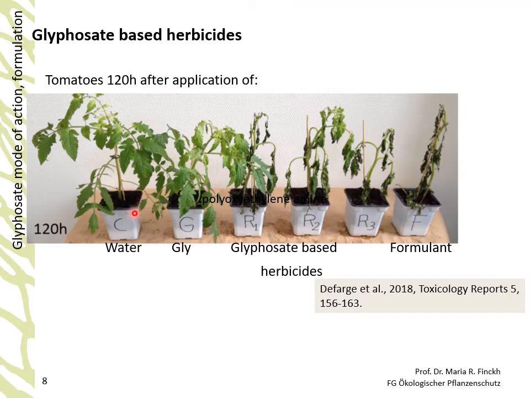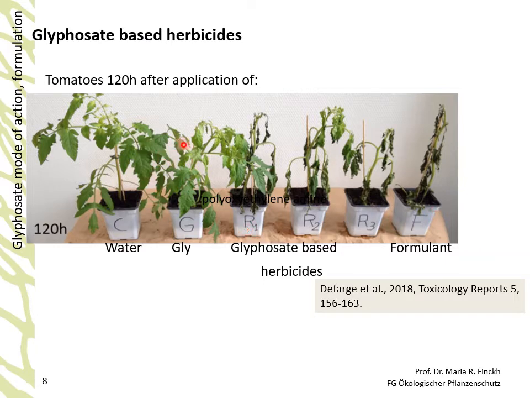And this is an example. One of these formulants, as far as I know, is tallowamine, but we have seen others with formulants like this. What you see here is tomato plants that have been sprayed either with water, with glyphosate alone, or with 3 types of Roundup, meaning glyphosate-based herbicides, or with the formulant alone, which means without glyphosate in it.